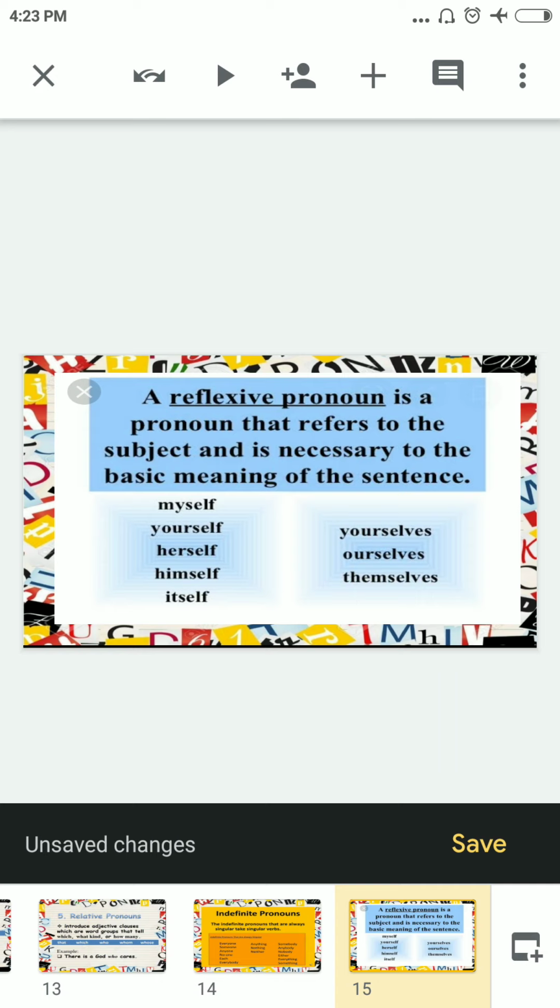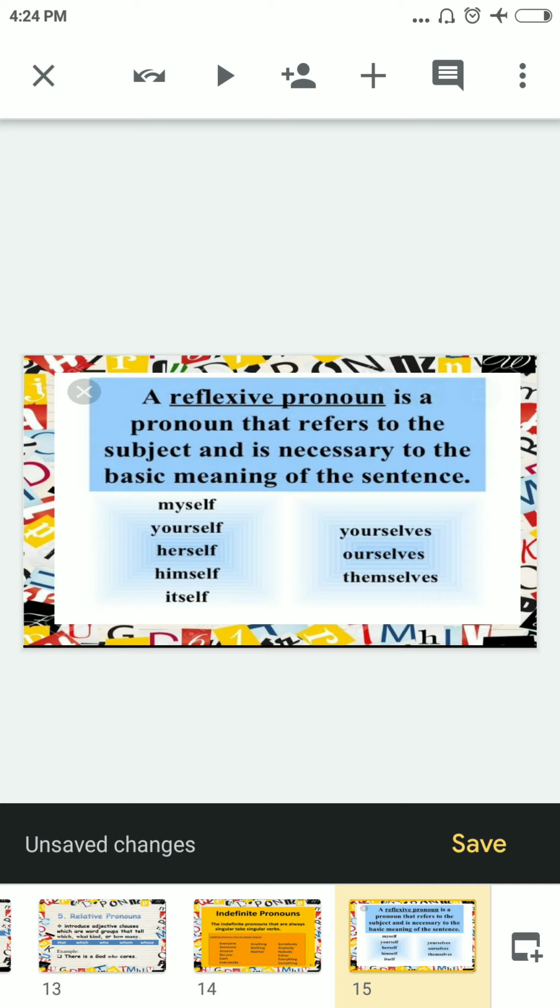Now we have to take the next type, and that is the reflexive pronoun. A reflexive pronoun is a pronoun that refers to a subject and is necessary to the basic meaning of the sentence. Obviously, by the name itself you are able to understand that here we are going to see the reflection of our subject, the reflection of our sentence, the reflection of our action.